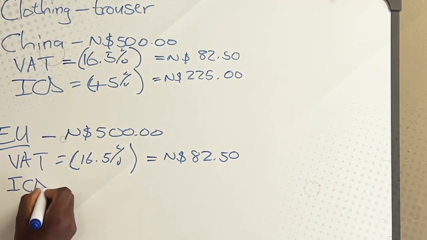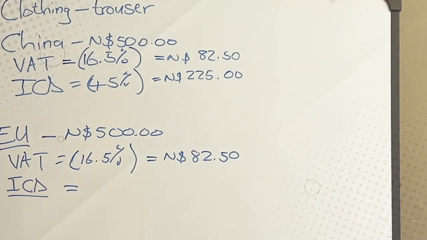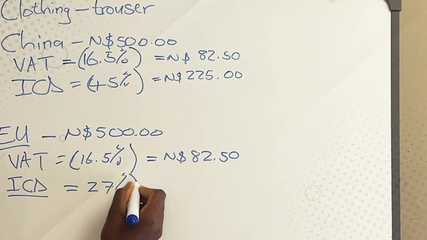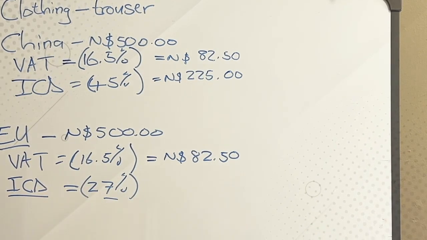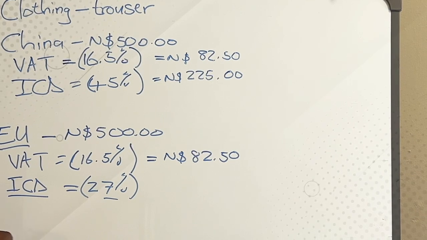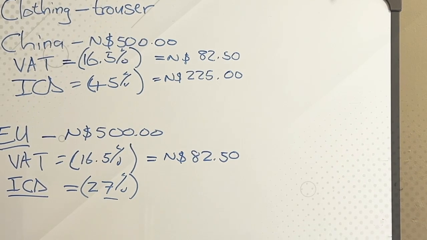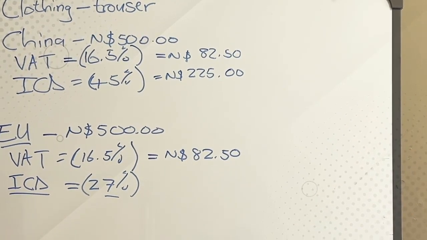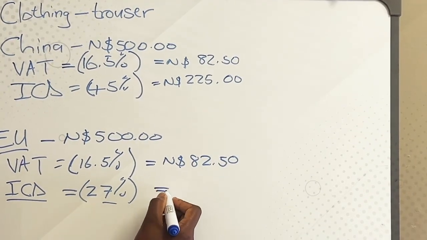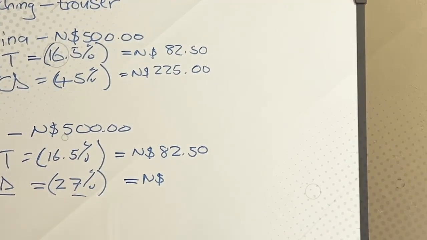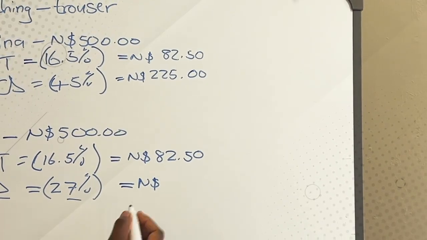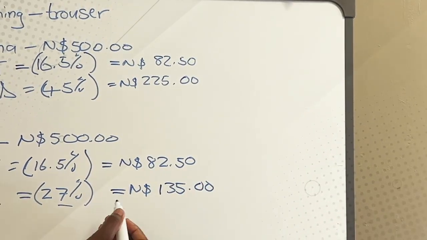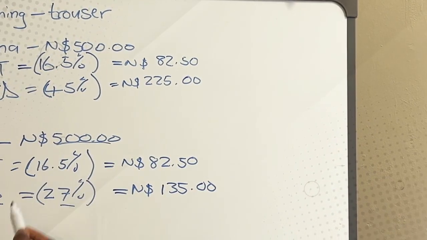However, in this case the customs duty will be at a rate of 27%, just because we have a trade agreement with the European Union through SACU, and Namibia is part of SACU, which is the Southern African Customs Union. So there will be a reduction of this customs duty, and it will be $135.00. This is 27% of 500 Namibian dollars.